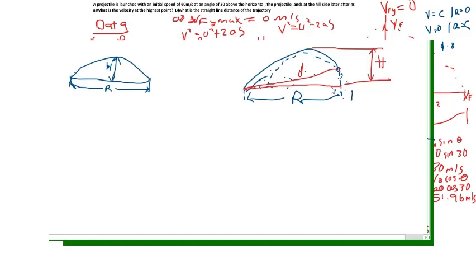From here to there, time is just 4 seconds. So we want this distance d. To solve for that, we first have to find this small h here.